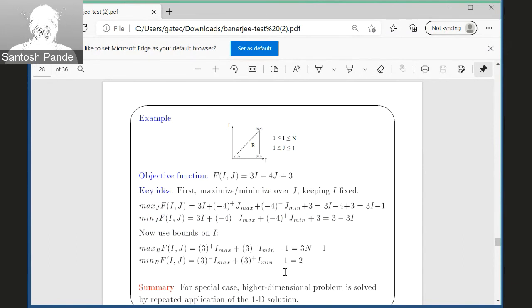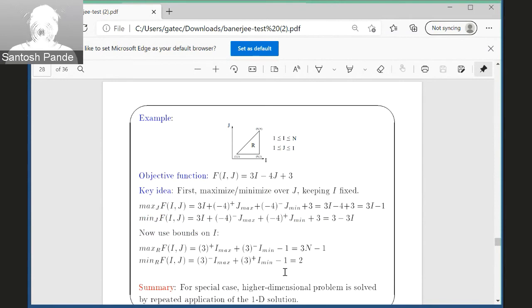So now if we do this further substitution on i, putting the bounds on n, you will see that if we take the first one, that will be 3n minus 1, straight away substituting i for the maximum value.